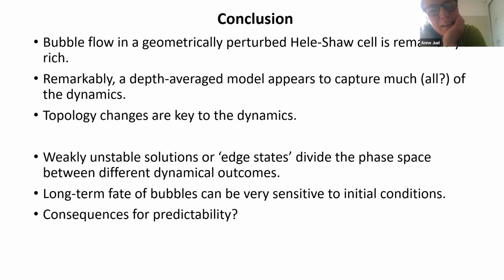As I mentioned earlier, the inherent disorder in these bubble flows comes from the roughness in the channel ultimately, and actually the wider you make the channel, the more sensitive the system becomes to roughness. That's a feature of this type of flow.